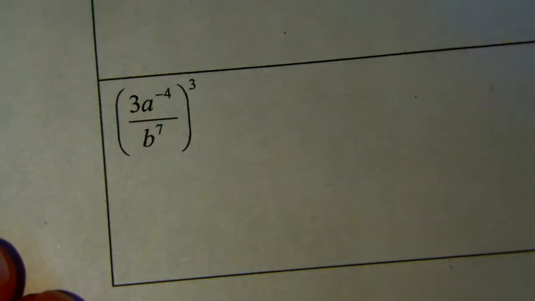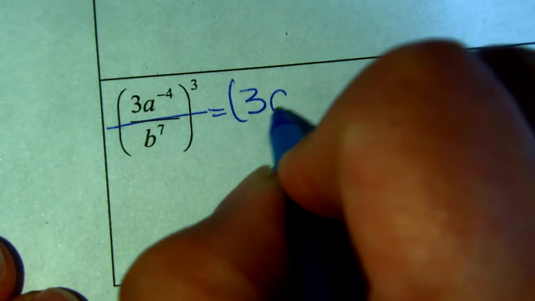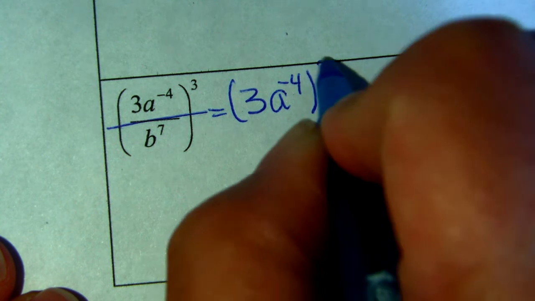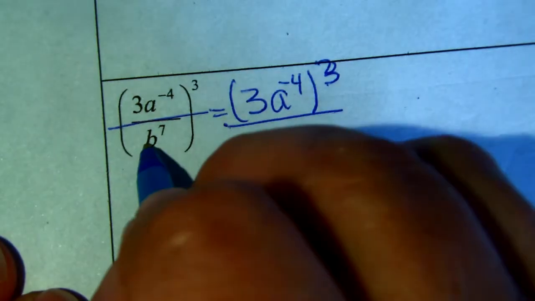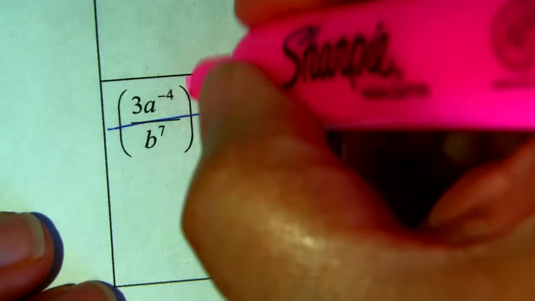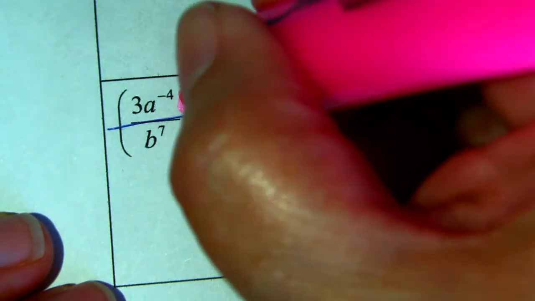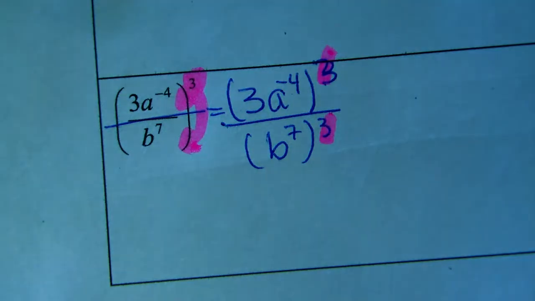Okay, let's do this one. Again, I'm going to split them first. 3a to the negative 4, elevated to the power of 3. Sorry. In the bottom, we have b to the power of 7, elevated to the power of 3. So notice the power of 3 is now split between these two. Okay, so you have it here and here.